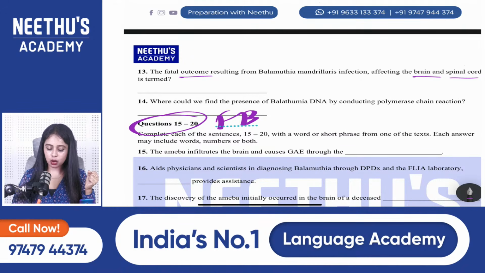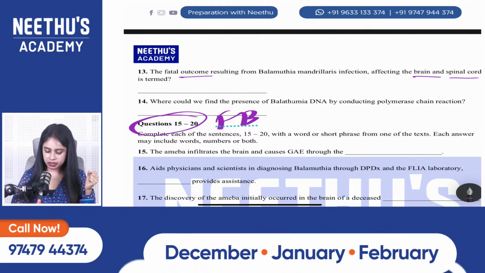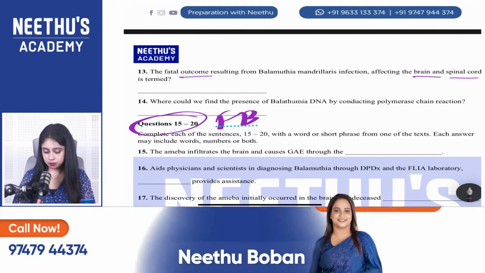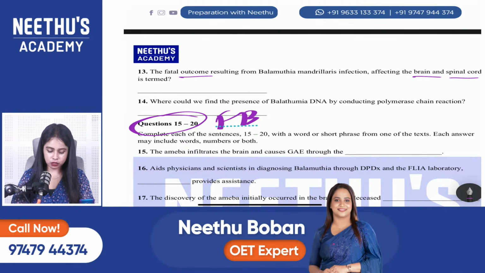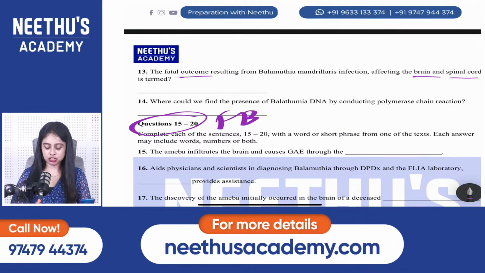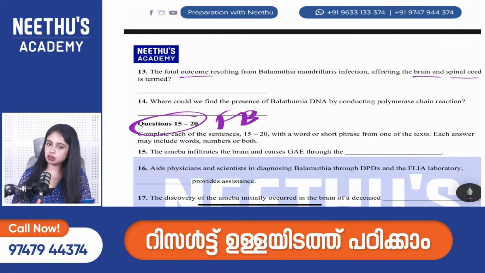The fatal outcome resulting from Balamuthia mandrillaris infection affecting the brain and spinal cord is termed. Please comment, what is your answer? Thirteenth one. The fatal outcome resulting from this infection affecting the brain and spinal cord is termed as.